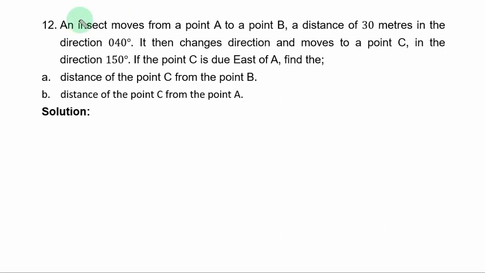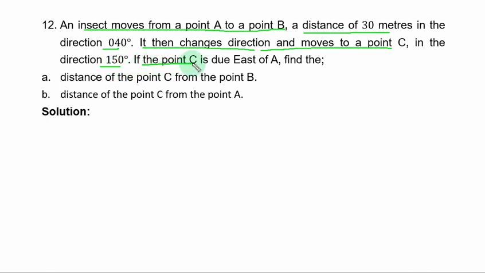Example 12. An insect moves from a point A to a point B, a distance of 30 meters in the direction 040 degrees. It then changes direction when it gets to B and moves to point C in the direction 150 degrees.